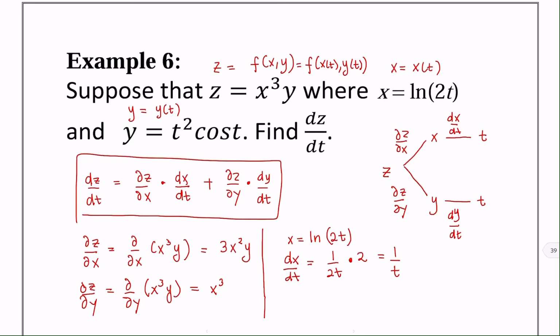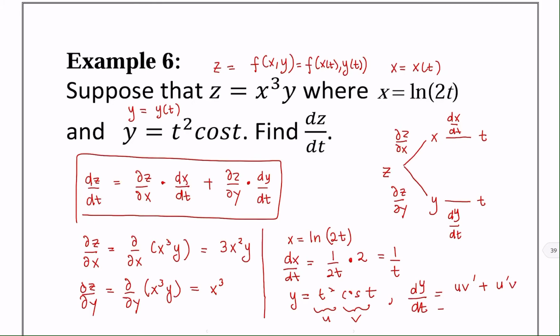Now for y, we have y equal to t squared cos t. So dy dt is equal to, for this case we need to use the product rule. We consider this is u, this is v. So dy dt is equal to u v prime plus u prime v.